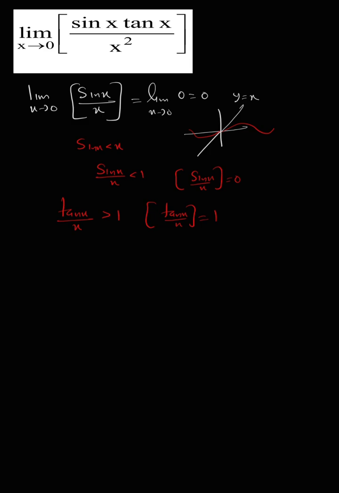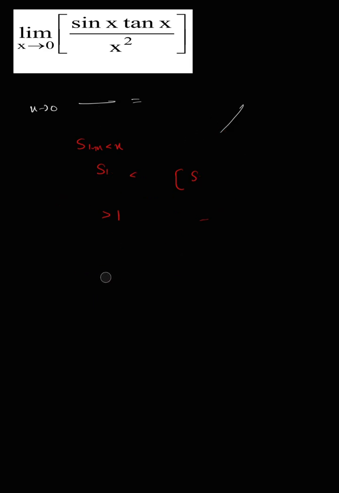So what about their product? We are confused. We cannot tell whether it will be greater than 1 or less than 1. So what we need to do is check whether this quotient is greater than 1 or not.